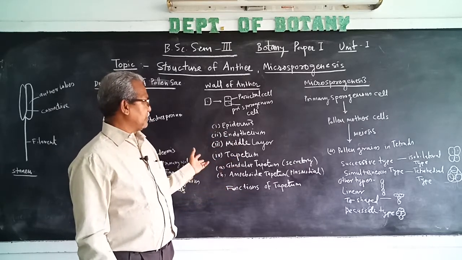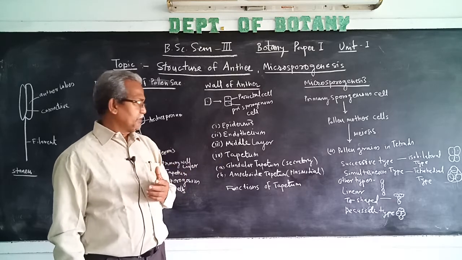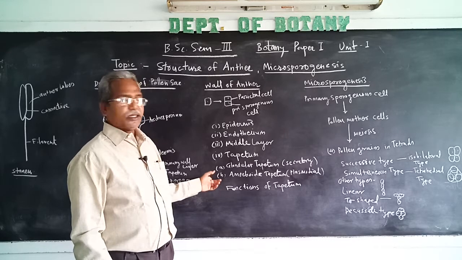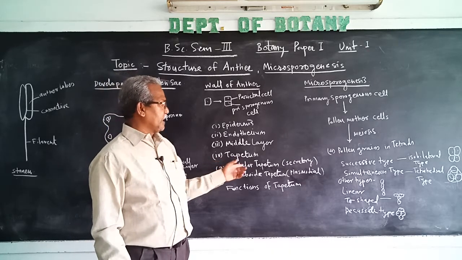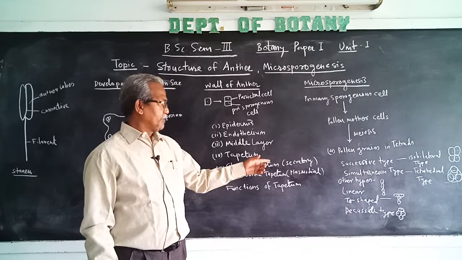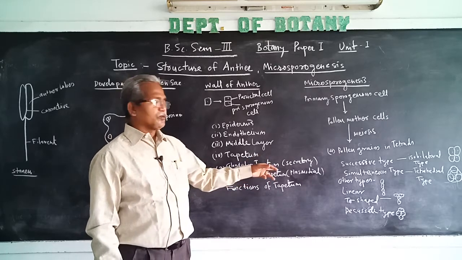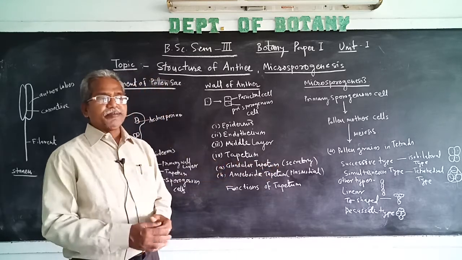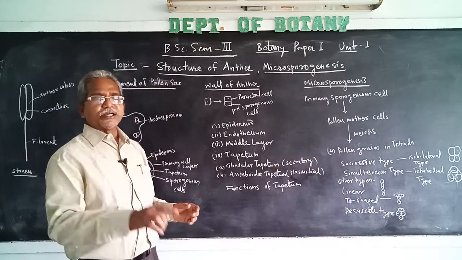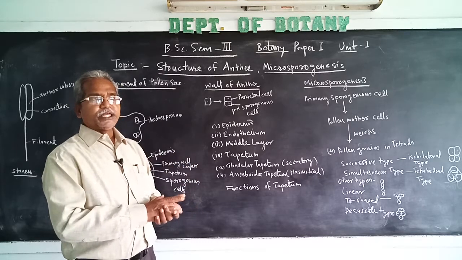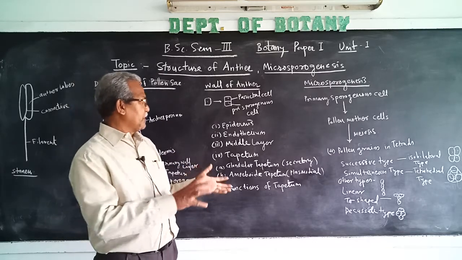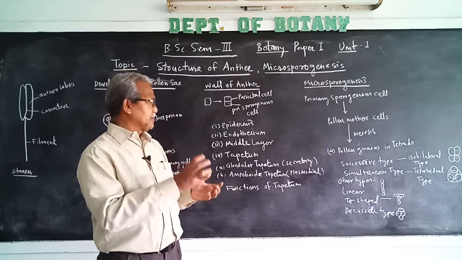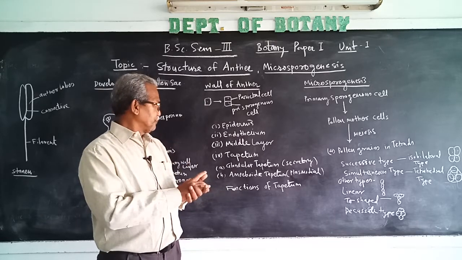The tapetum may be divided into two subtypes: glandular tapetum and amoeboid tapetum. The glandular tapetum is also called secretory tapetum, while the amoeboid tapetum is also called plasmodial tapetum. The glandular tapetum completely surrounds the sporogenous tissue, while the amoeboid tapetum is not a complete layer but remains mixed with the sporogenous tissue.